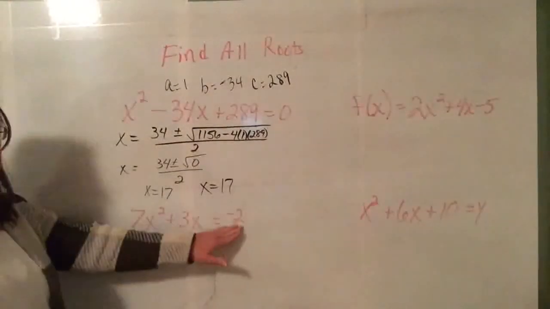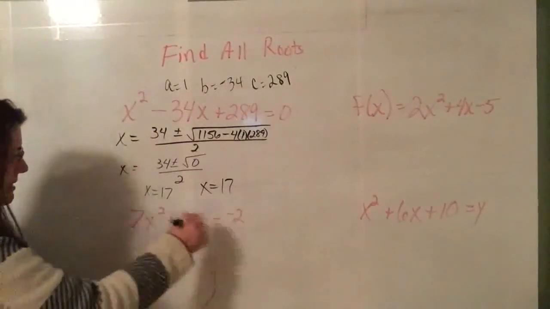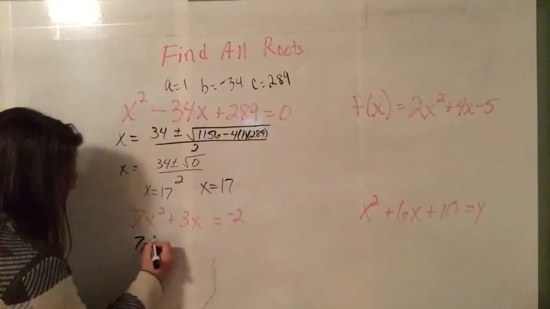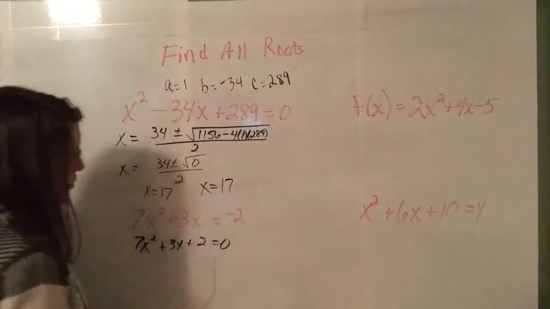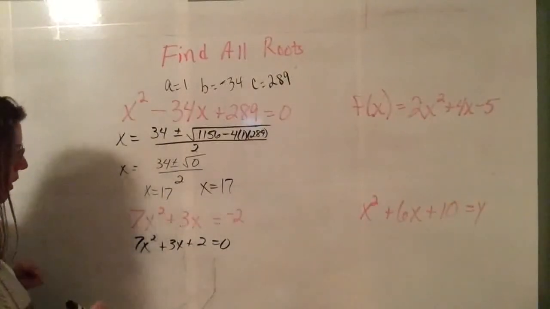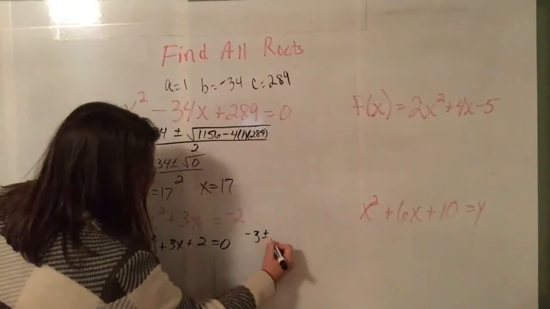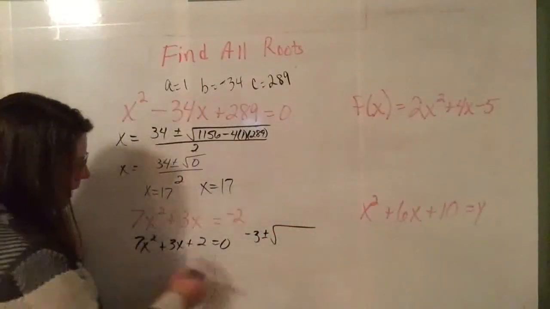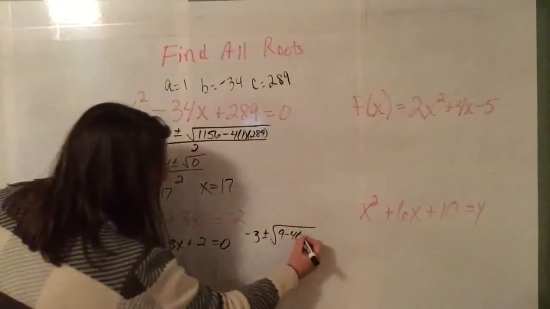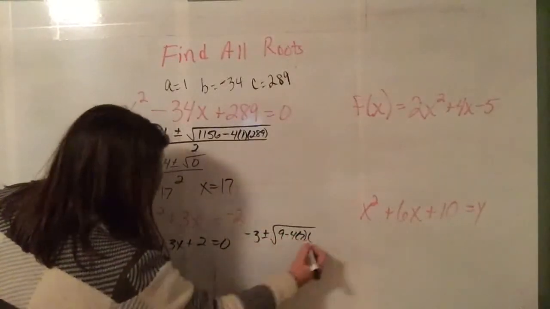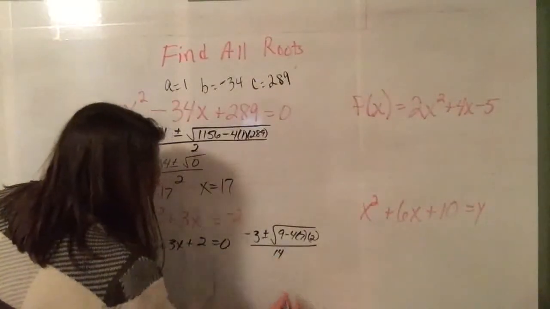In the next one, notice the negative 2 is over here, so we need to move it. We need this to be equal to 0. So we've got 7x squared plus 3x plus 2 equals 0. And if I plug that into the quadratic form, negative b is negative 3, plus or minus the square root of b squared is 9, minus 4 times a is 7, and c is 2, all over 2a, which would be 14 in this case.